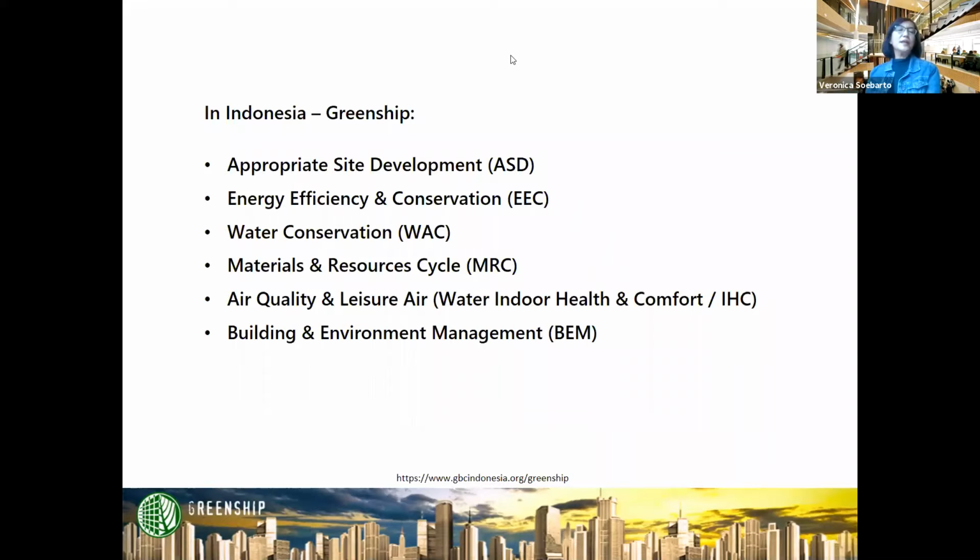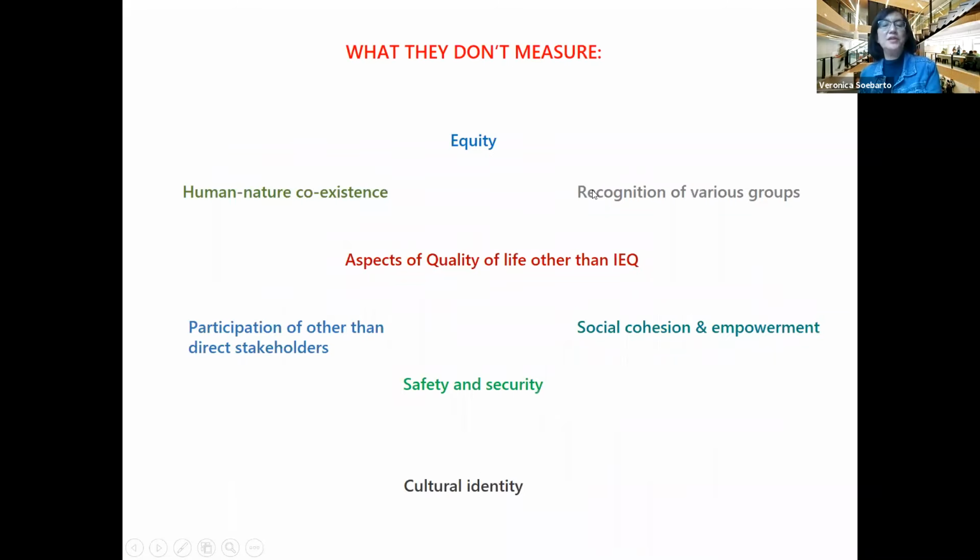And Greenship really is looking at environmental sustainability. So looking at site development, energy, water conservation, materials, resource, air quality, and building and environment management. But as you can see, they don't measure any of the social dimension except perhaps some aspect of the indoor environment quality.